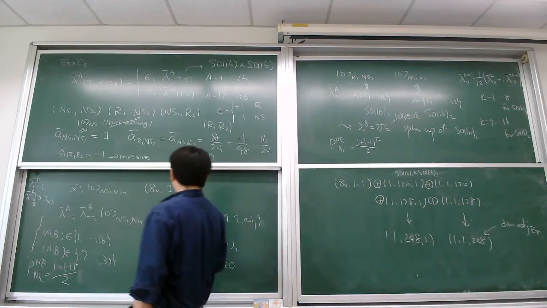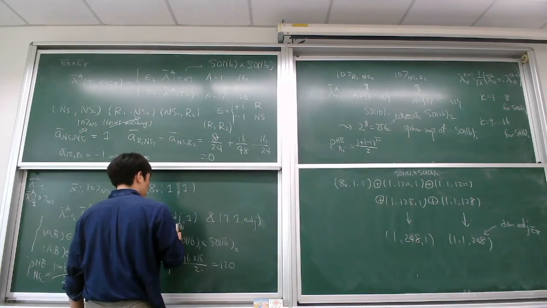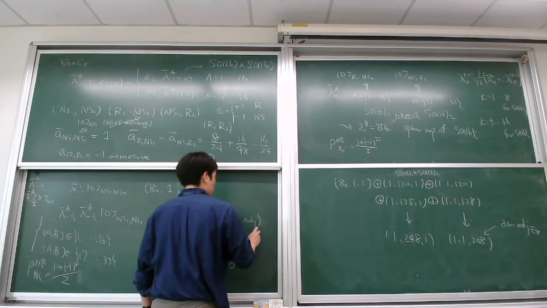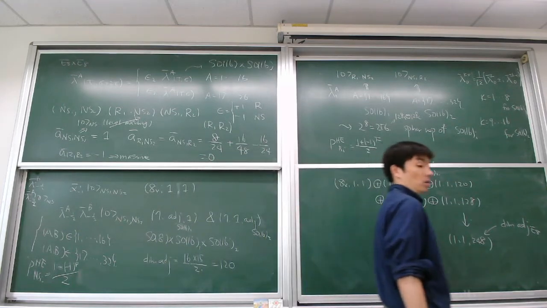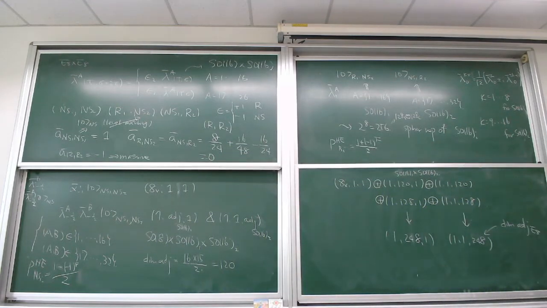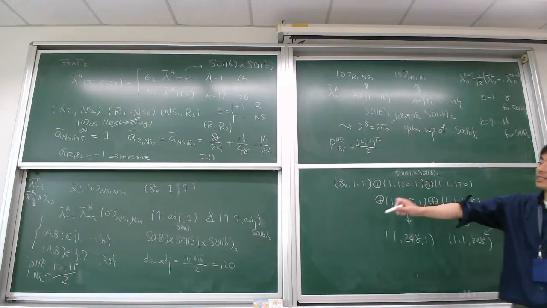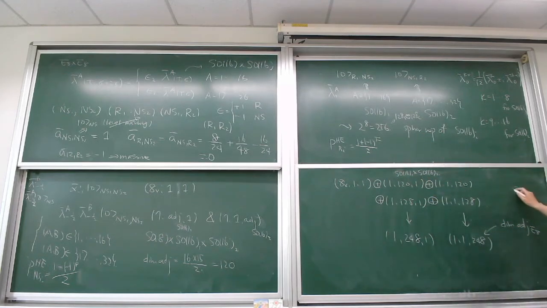Maybe when I say adjoint, I should write down SO. So this strongly suggests that if you combine the two massless spectra, SO16 gets enhanced to E8. That's a strong suggestion.